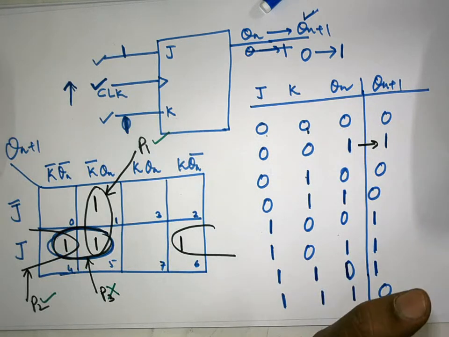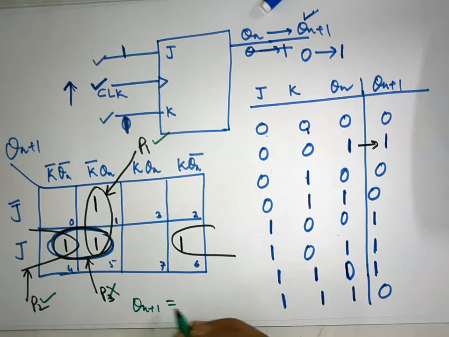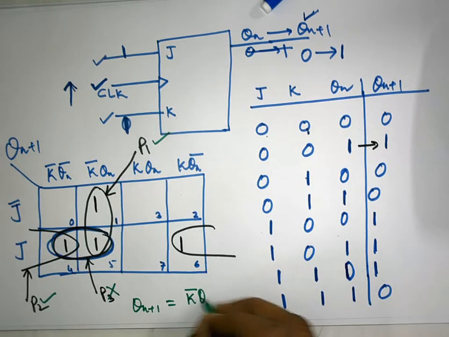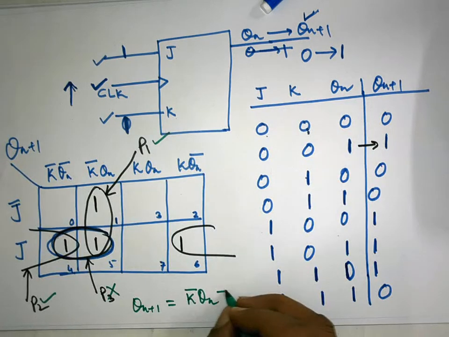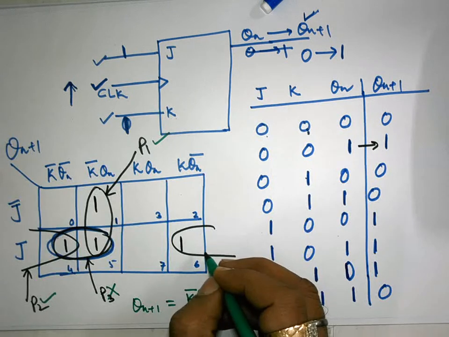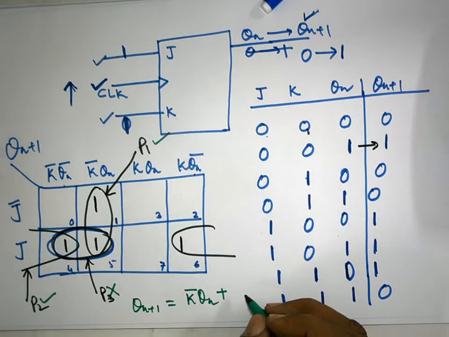Getting my point? So Qn plus 1 is equal to what? K bar Qn plus K Qn bar. What is there?